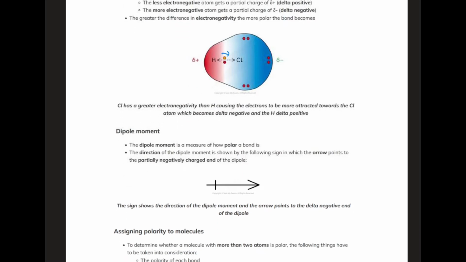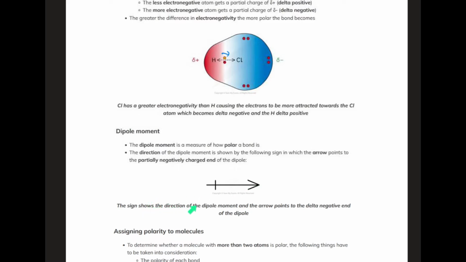Then what is dipole moment? It is very related. The dipole moment is a measure of how polar a bond is. If the bond is very polar, the dipole moment will take a greater value. The direction of the dipole moment is shown by the following sign, in which the arrow points to the partially negatively charged end of the dipole, from delta positive to delta negative.